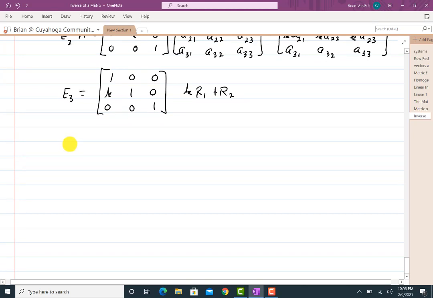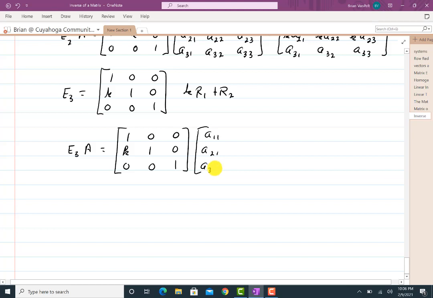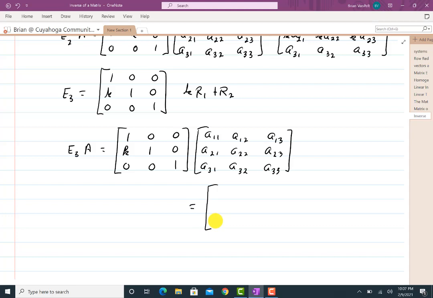And so now look at the effect. Well, I think you'll figure out what the effect is before I actually do the multiplication. Everything's going to be the same except the second row will have k times the first row added to it.